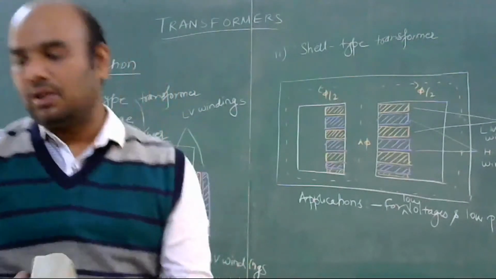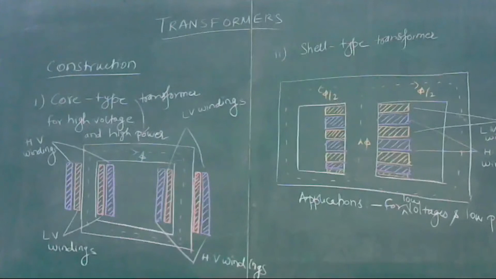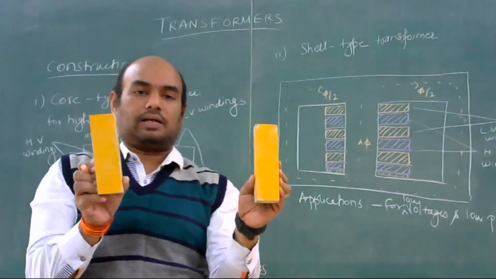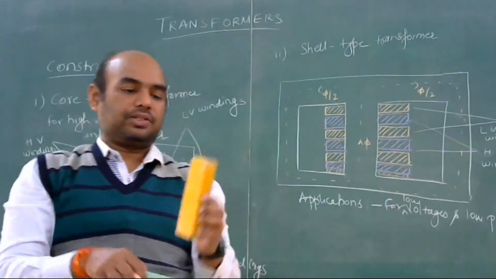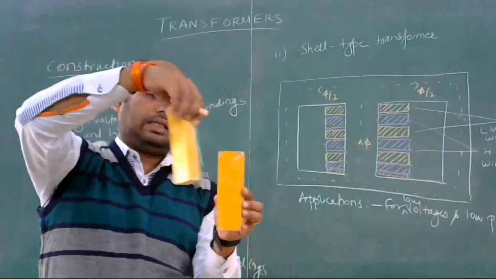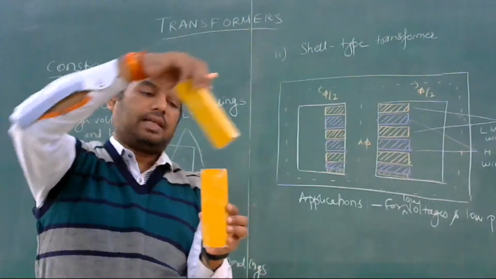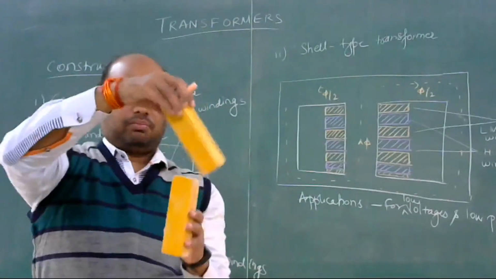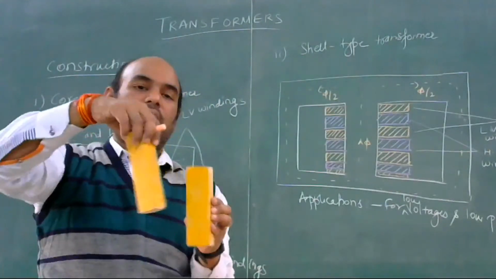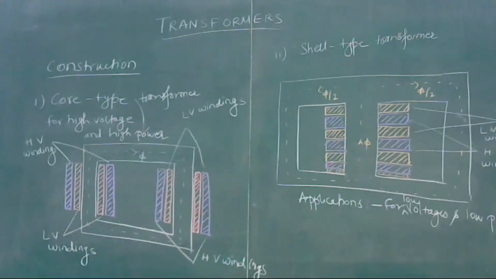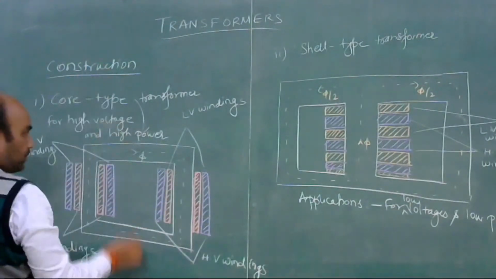In case of core type transformer, there are two limbs. So this is right limb and this is left limb. First we wound the low voltage winding, then high voltage winding. Then for the other limb also, first low voltage winding and then high voltage winding. So these are the two transformers on the basis of construction.